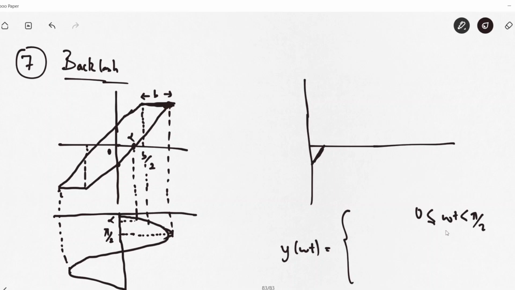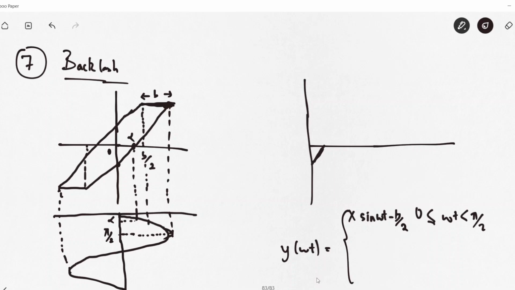The output will be a sinusoidal waveform given by x sine omega t minus b by 2. Minus b by 2 will be subtracted from this. That will actually take care of the negative region of the nonlinear dynamics.